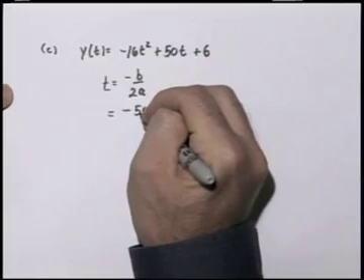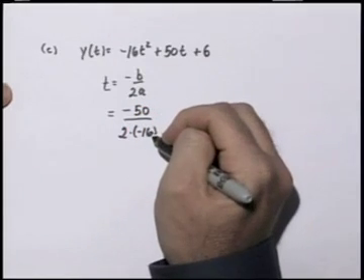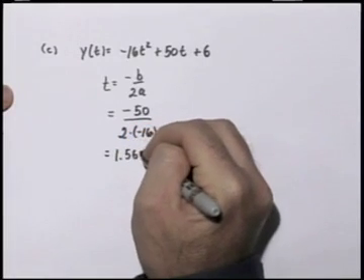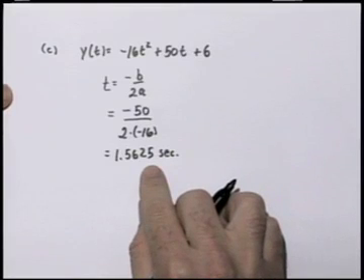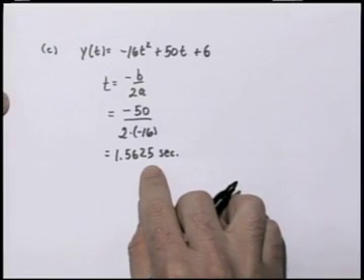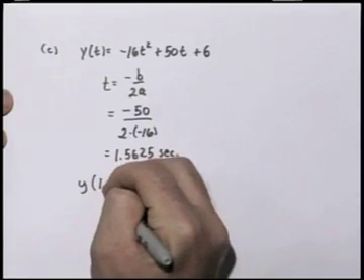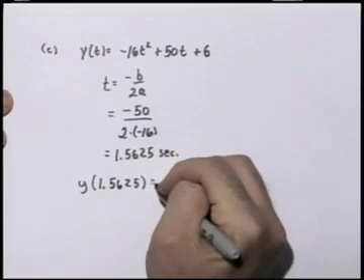So that will be negative 50 over 2 times negative 16, which is 1.5625 seconds. So the ball will be at a maximum height after 1.5625 seconds.